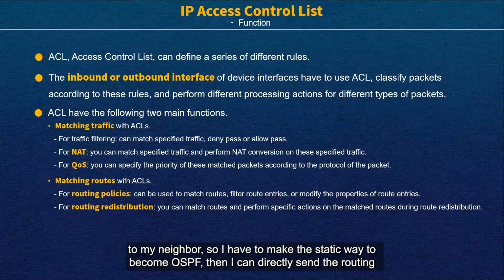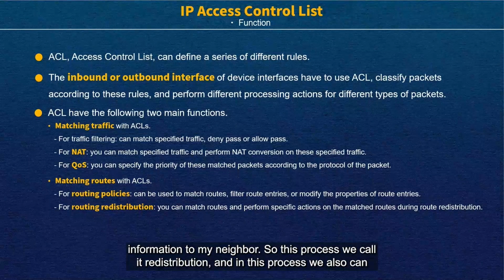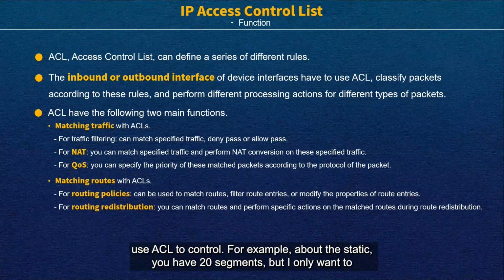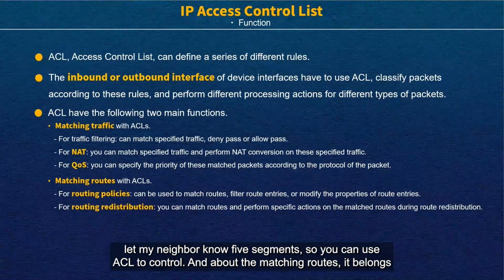Then I can directly send the routing information to my neighbor. This process we call redistribution. And in this process, we can also use the ACL to control. For example, for the static routes, you have 20 segments, but I only want my neighbor to know 5 segments, so you can use the ACL to control.